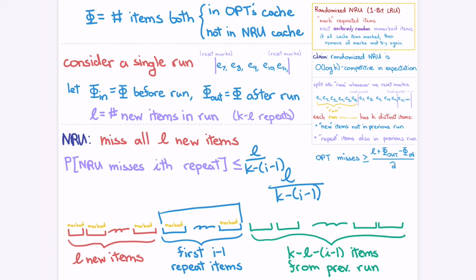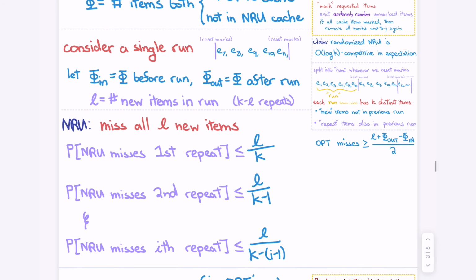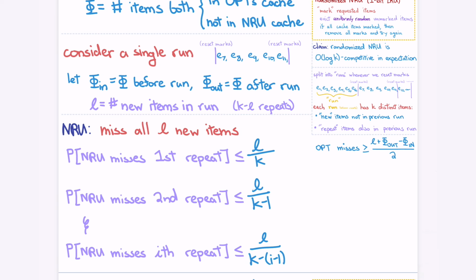So you get L over K minus i minus one. So there's actually a denominator that's going down slowly. Just trust me. Okay, so you end up with something like this. I know you're all looking at me like I'm making it up. Let me just keep it moving and then I'll reflect a little later.